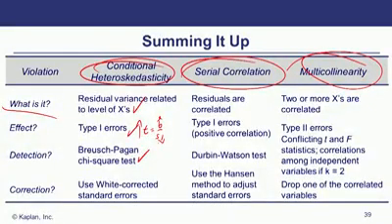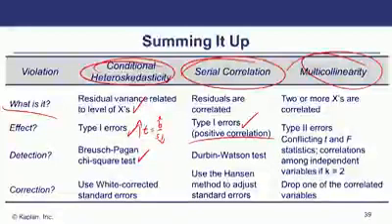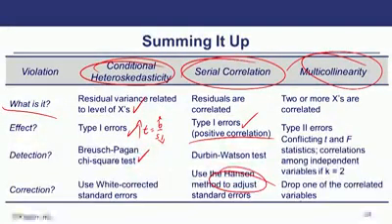In financial data, the most common situation was that of positive serial correlation, which caused exactly the same issues as heteroskedasticity, in other words, type 1 errors. We detected this with the Durbin-Watson test, and we solved for it via the Hansen method.